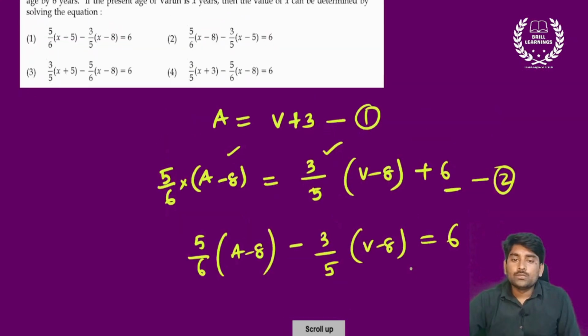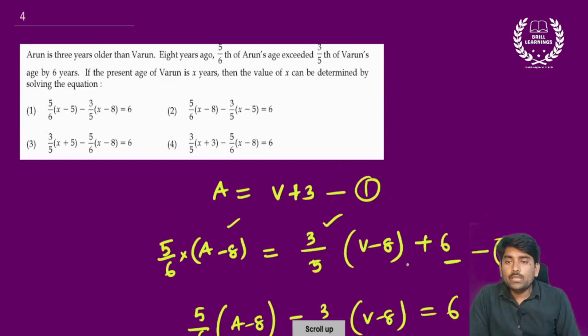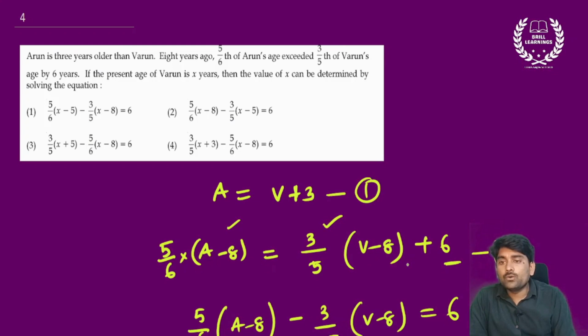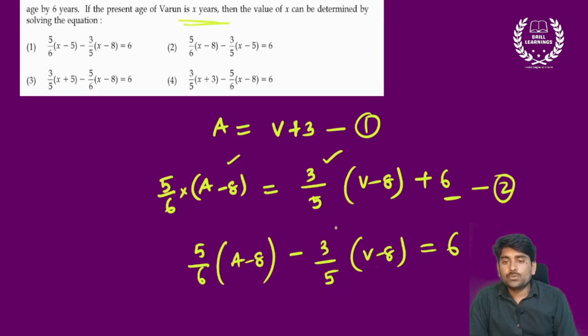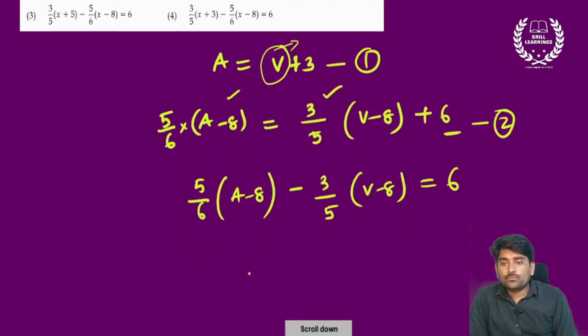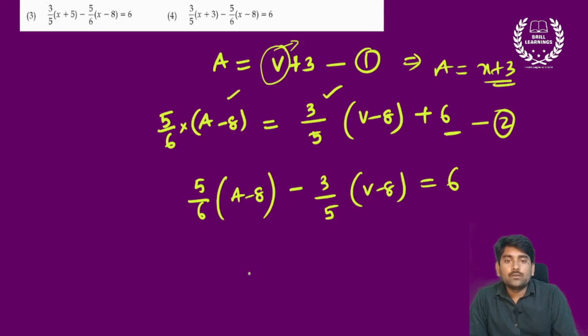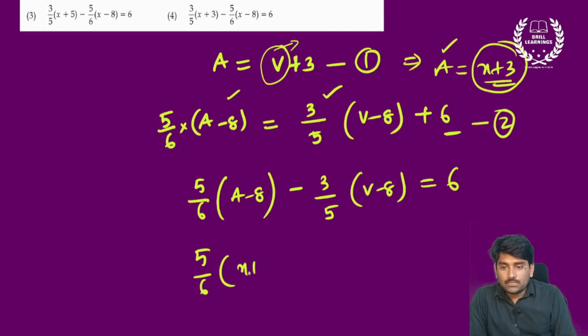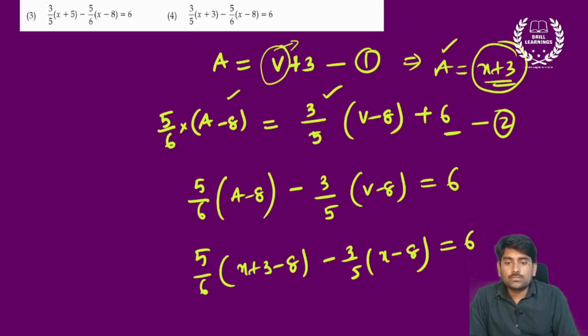Now, okay. So simplify further. If the present age of Varun is x years, now substitute x value in place of b. Okay. Now from here a is equal to x plus 3, right? In place of a, I have to substitute x plus 3 in order to get the equation: 5 by 6 of (x plus 3 minus 8) minus 3 by 5 of (x minus 8) equal to 6.